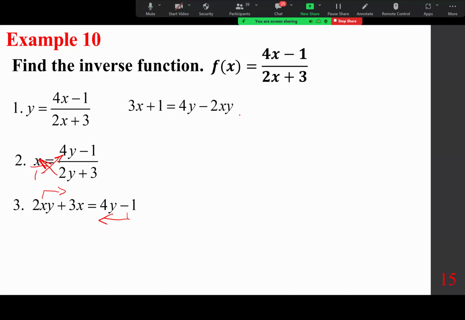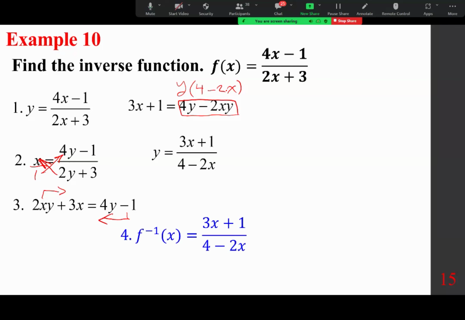And as you can see on the right side, we can take the y out. We can take 2y out, but I like to just take the y out, for 4 minus 2x. If I divide by 4 minus 2x, I have my inverse. So I'm going to change y into f inverse of x. I hope you remember this process.